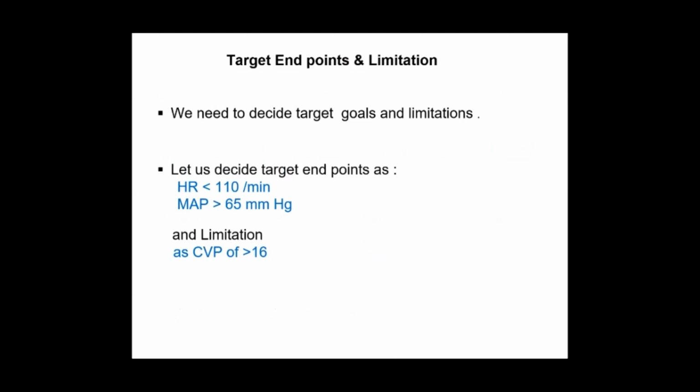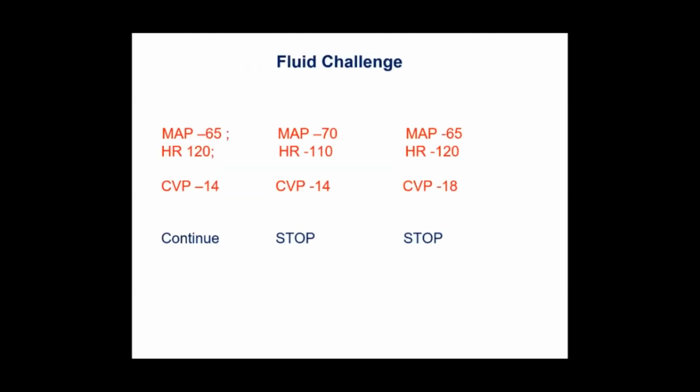Just for example, let us decide the target endpoint as heart rate 110 per minute and mean arterial pressure 65. This is for discussion, this is for example. You can on your own decide a target with respect to urine output also, and oxygenation status also. Here we decide, say, a limitation of CVP of more than 60. So let's go about it.